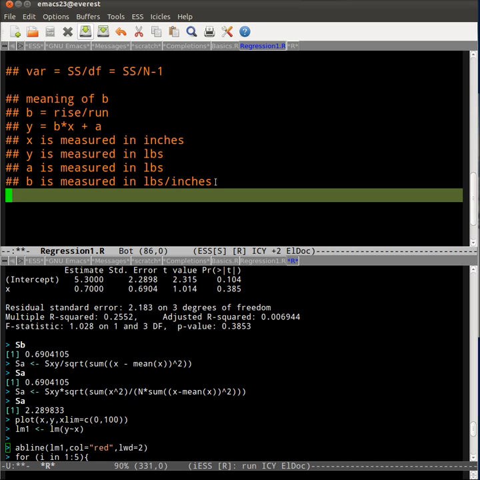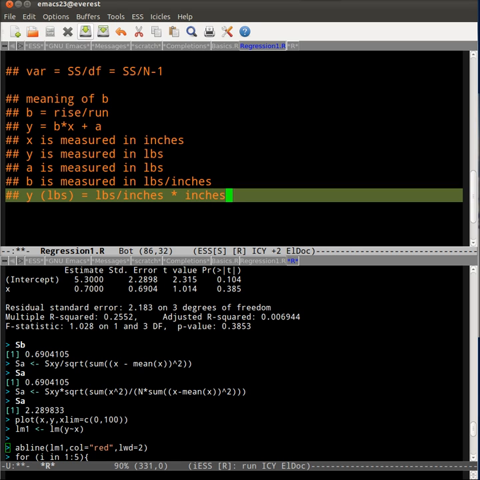So therefore, when we say y pounds is equal to B, which is pounds over inches, times inches.